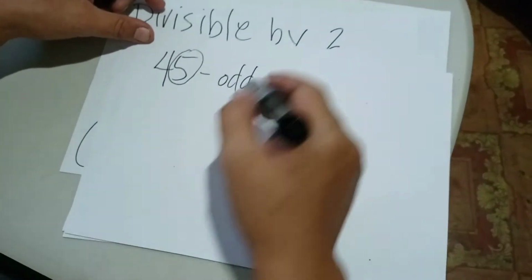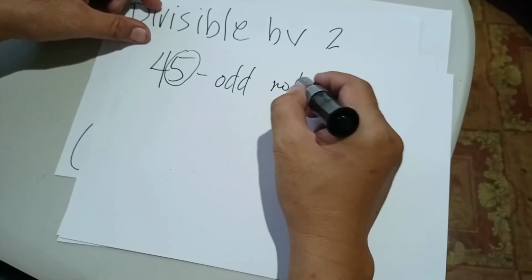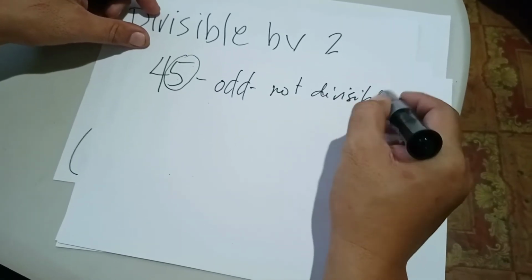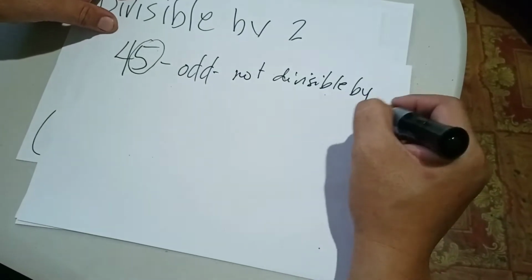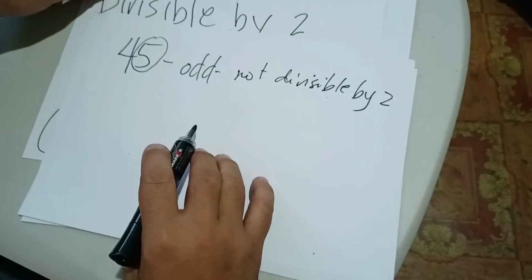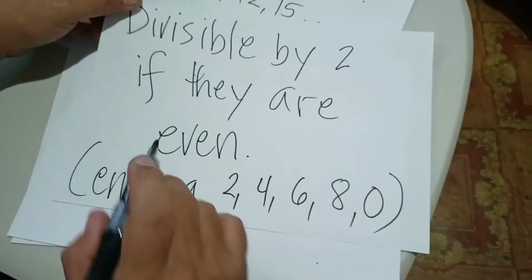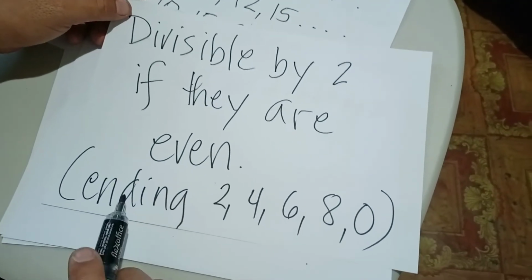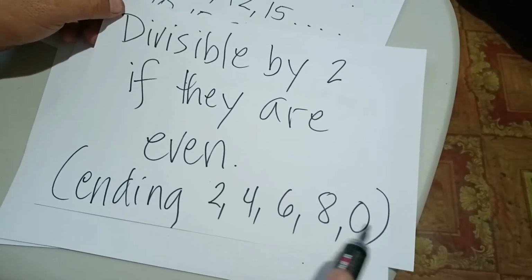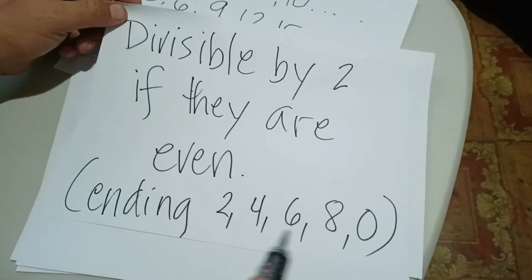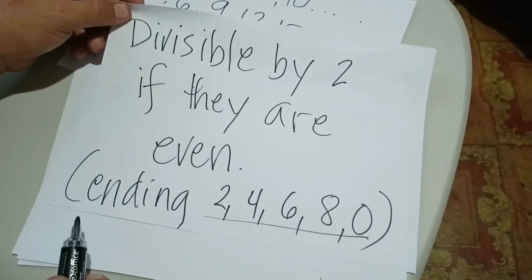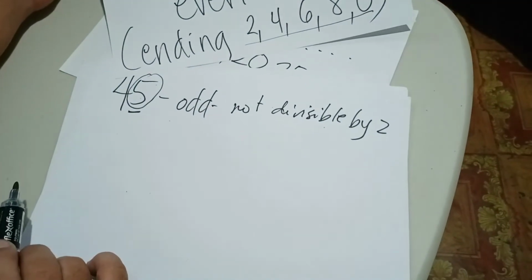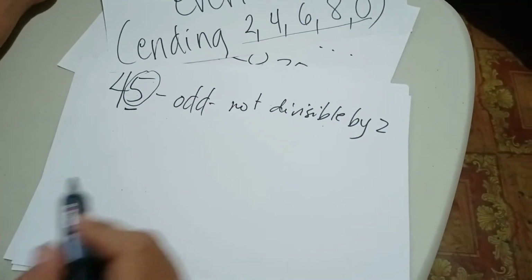So therefore it is not divisible by 2. Kasi sabi nga, a number is divisible by 2 if they are even numbers or ending in 2, 4, 6, 8, and 0. So hindi siya nagtatapos sa 2, 4, 6, 8, and 0. So the last number is 5, therefore it is not divisible by 2.